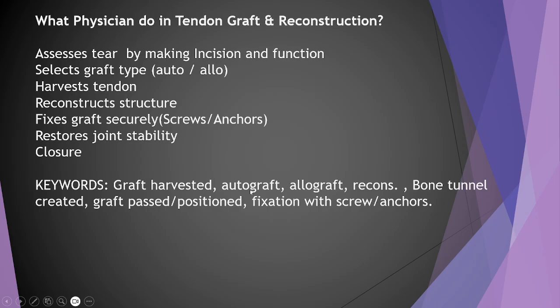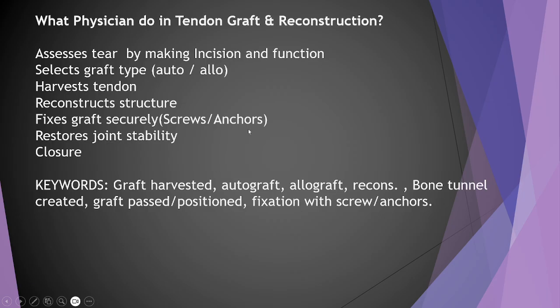So what will the physician do in the tendon graft or reconstruction? First of all, assess the tear. He will identify where the tendon has been torn, make the incision, select the graft, whether autograft or allograft, then harvest that tendon, reconstruct the structure, fix the graft using anchors or screws, restore joint stability, and the closure is done.